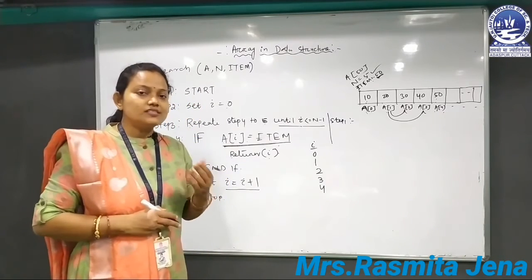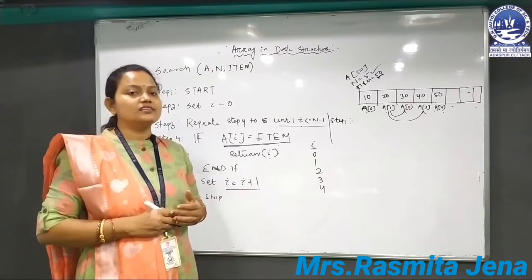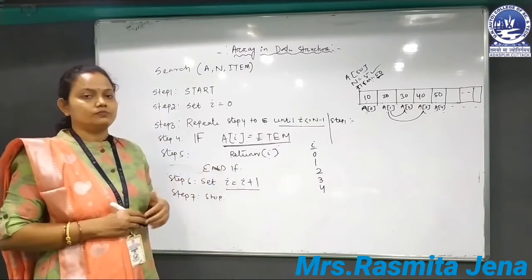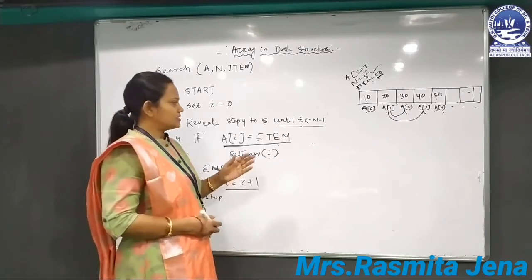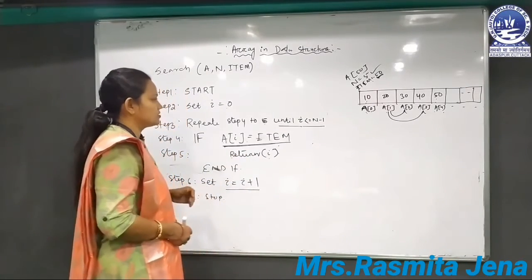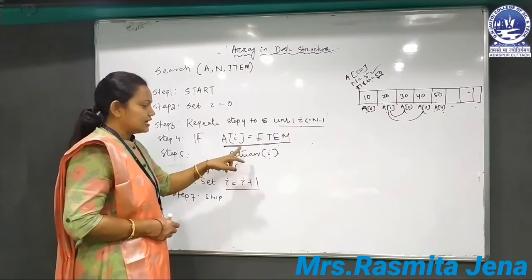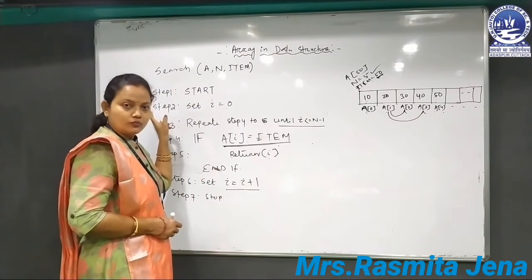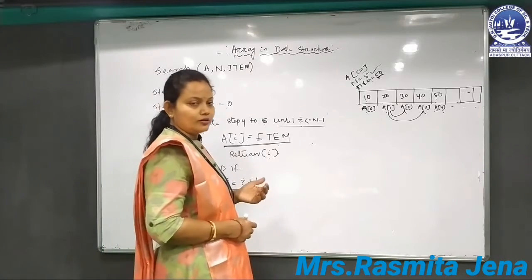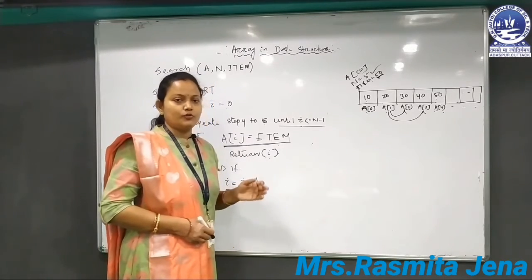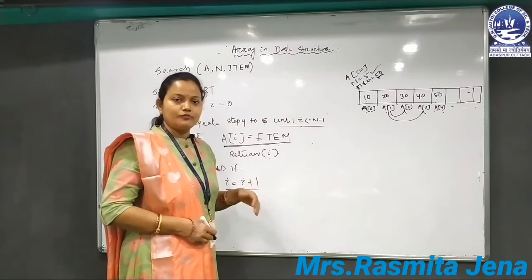So next we will see the function implementation of this algorithm. You can see here the index number is returned to the function block. As we know, in a function we have 3 parts, that is function prototype, function definition and function call.